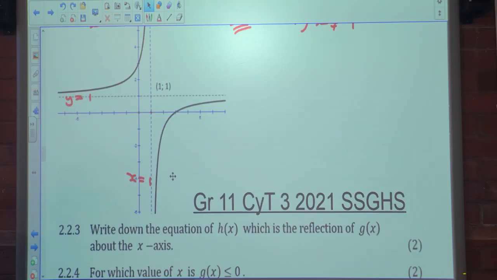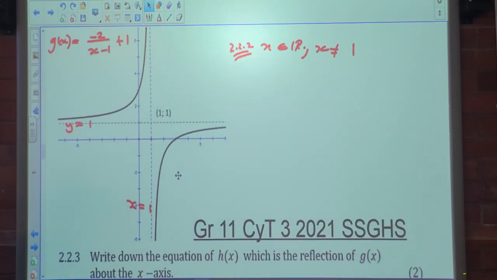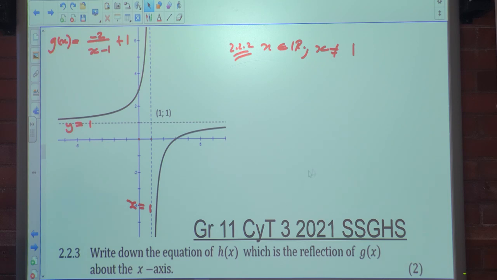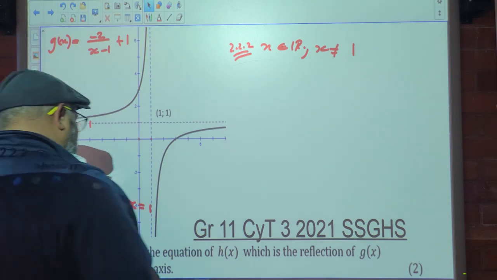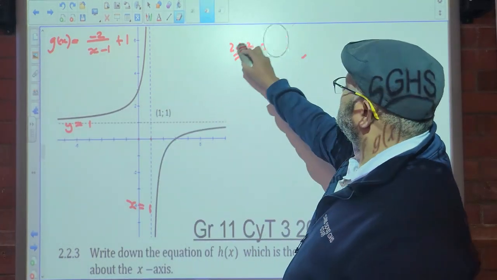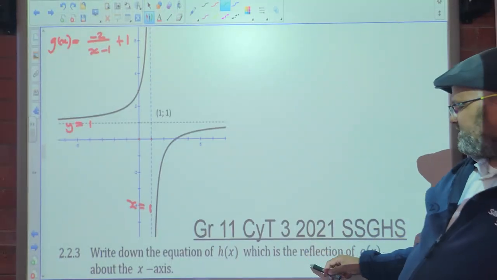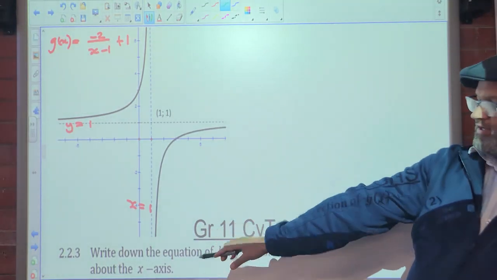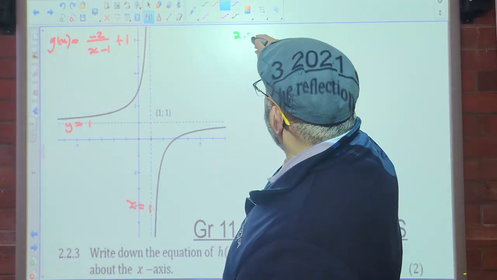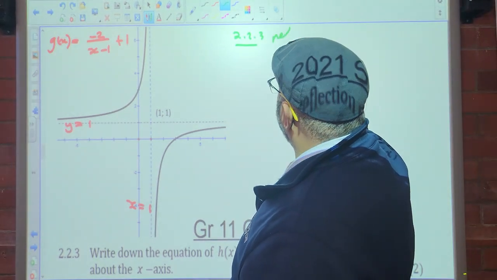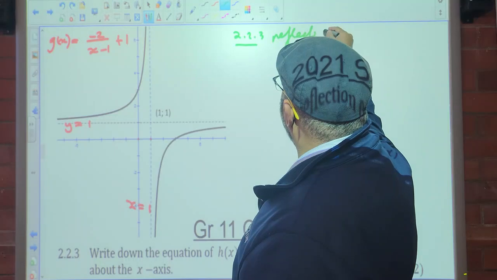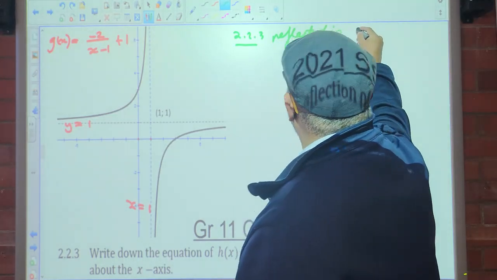Let's look at the next question. The next question says, write down the equation of h of x, which is the reflection of g of x, which is this graph, in the x-axis. People, what's the rule if something's reflected in the x-axis?